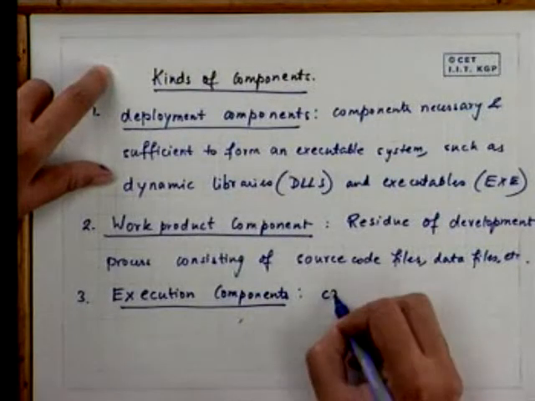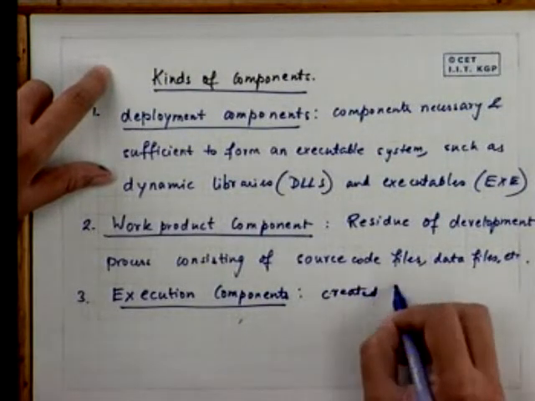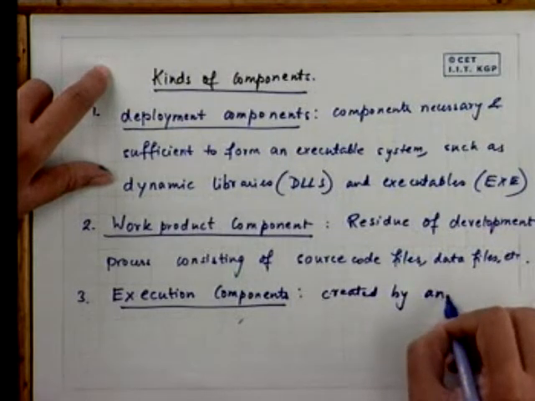And execution components are created as a consequence of an executing system. So they are created by an executing system.